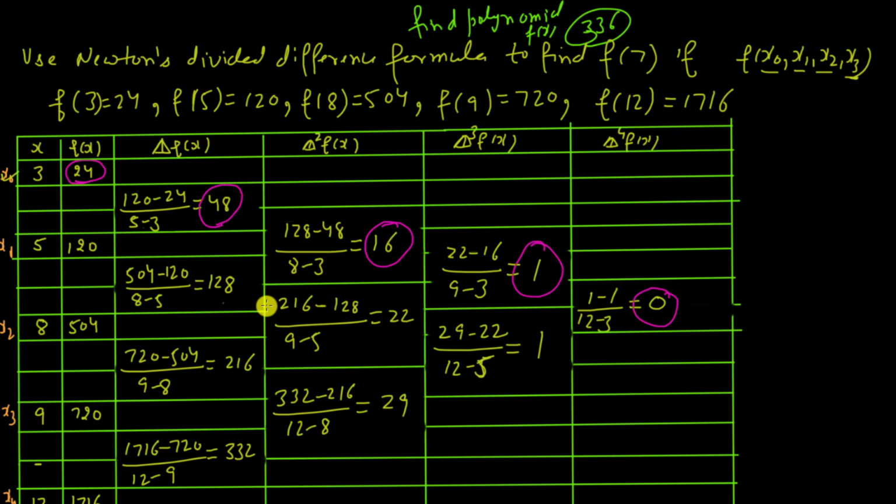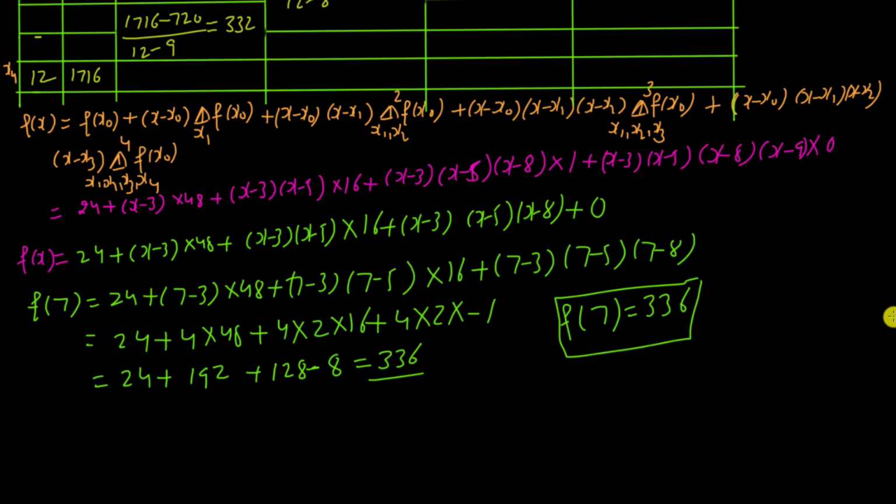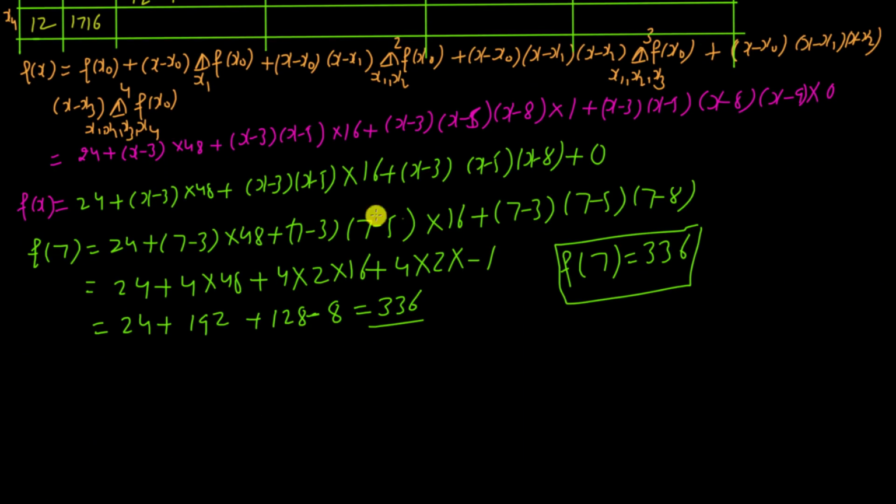You will adopt the same procedure and write up to here, and now you will not substitute; you will just open up the brackets, collect the terms and write the polynomial. That will be done. So I think I am clear up to here, and that is all I have from this lecture.